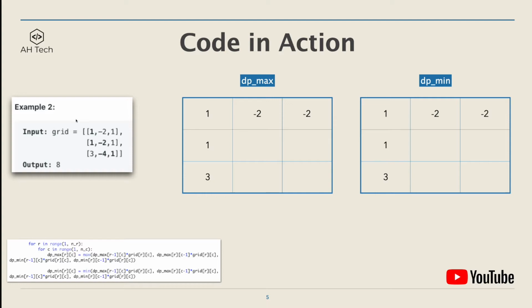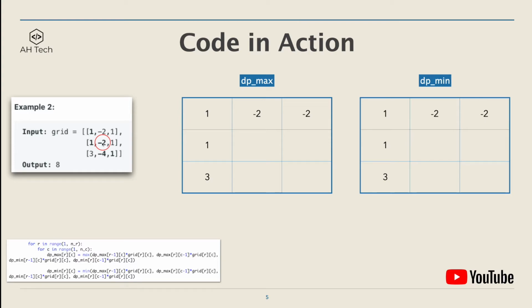Here we'll be looking at example 2, and I have the DP max and DP min matrices on the screen. The first row and column are basically the prefix product along the row and column, which is 1, -2, -2, and 1, 1, 3. Now let's start to update the inner cells. The first value in grid is -2.